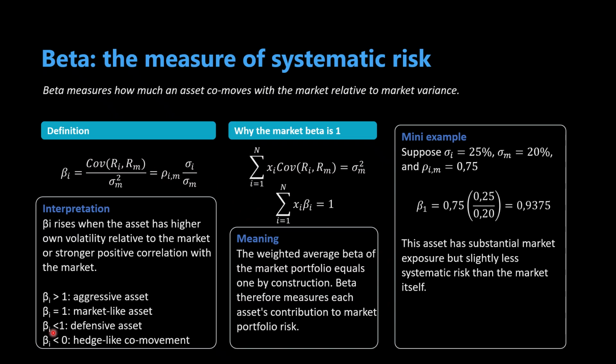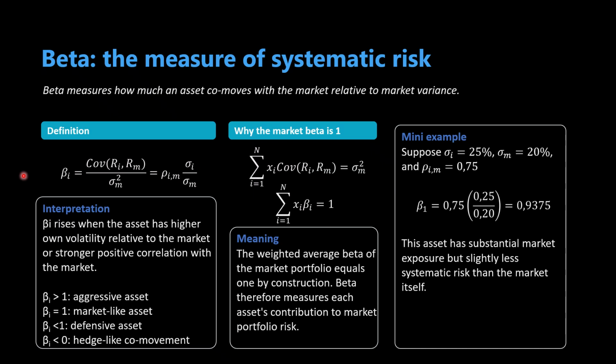A beta smaller than 1 but positive implies that the asset is defensive. That is, it participates in market movements but with less sensitivity. A beta smaller than 0, that's a negative beta, shows that the asset tends to move opposite to the market. It acts as a natural hedge. Certain commodities and volatility instruments can exhibit negative beta during equity sell-offs.